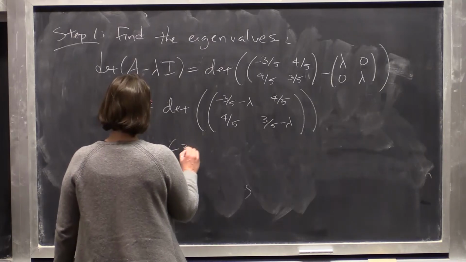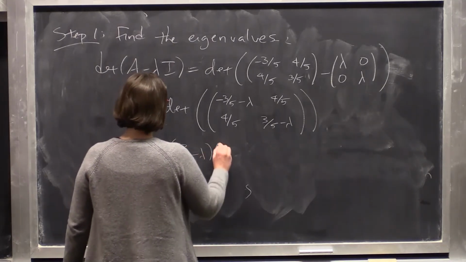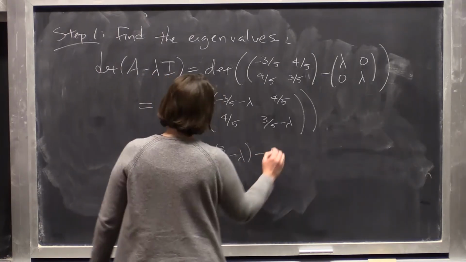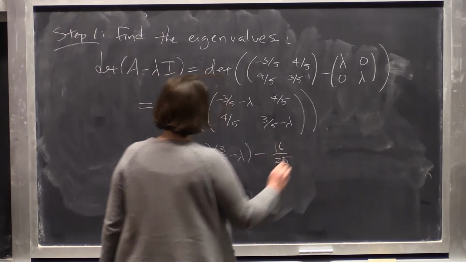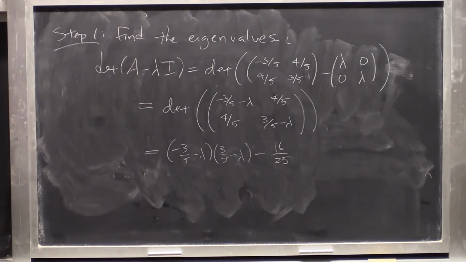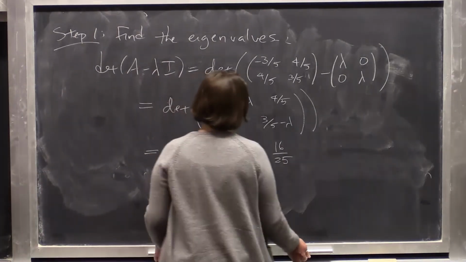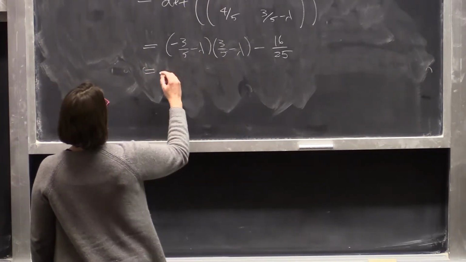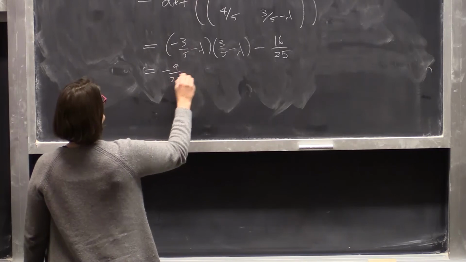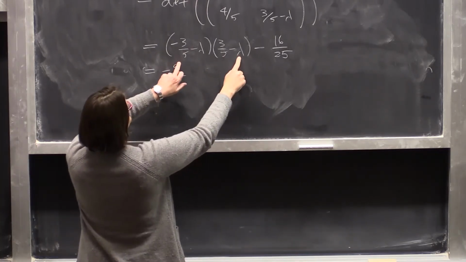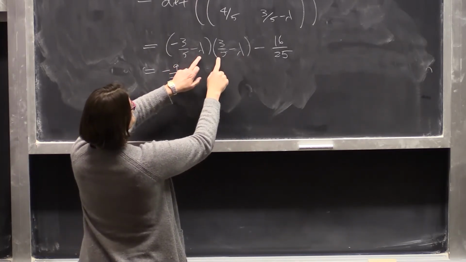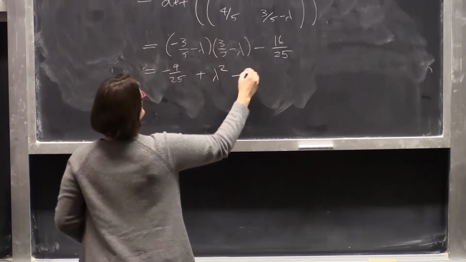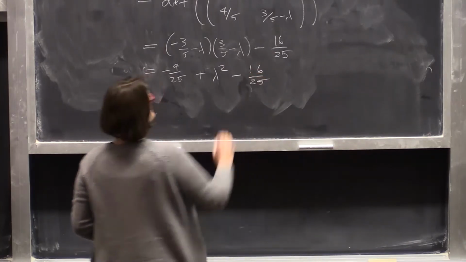So that is (-3/5 minus lambda) times (3/5 minus lambda) minus 16/25. And now we just do our computations. So we get -9/25, 3/5 lambda minus 3/5 lambda, that cancels, plus lambda squared minus 16/25.